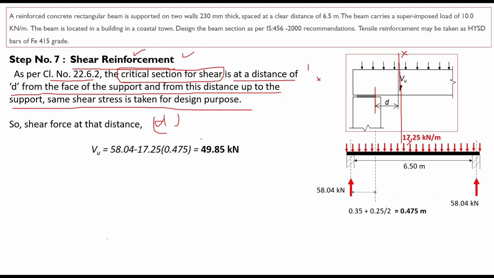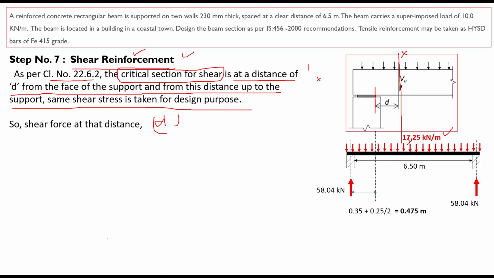You can go through this diagram: this is a beam which we are going to design, and these are the supports, that means brick walls. This dark black line shows the beam, and we have loaded this beam with the UDL, which we have already calculated as 17.25 kilonewton per meter, and this was the clear span.